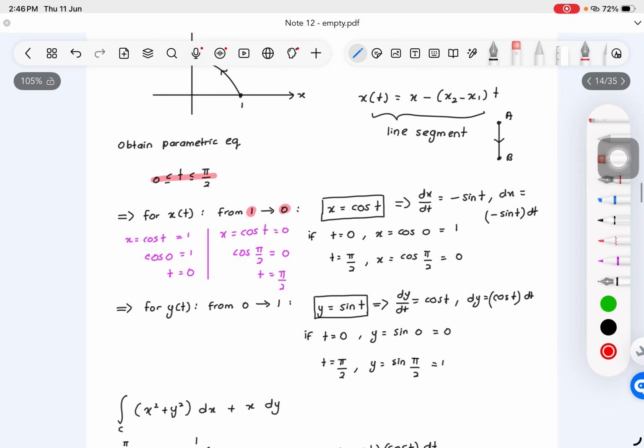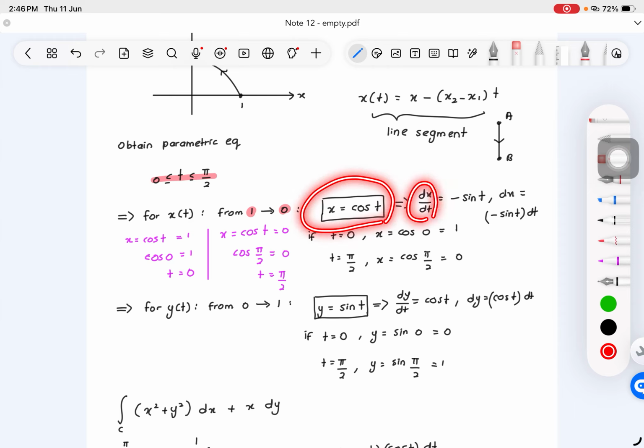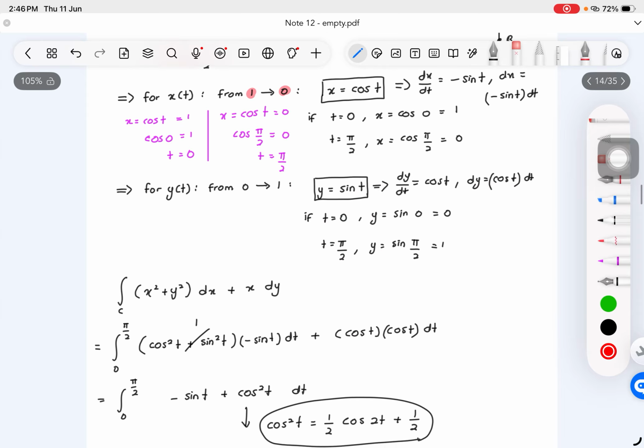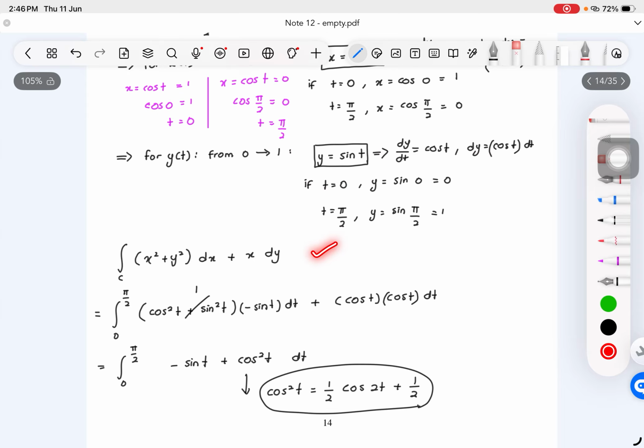After you obtain your x, you can find your dx, right? So dx is equal to this one. Then after you obtain your equation of y, you can find your dy. So you substitute what is your x, your y, your dx, and your dy here. So you get this one.